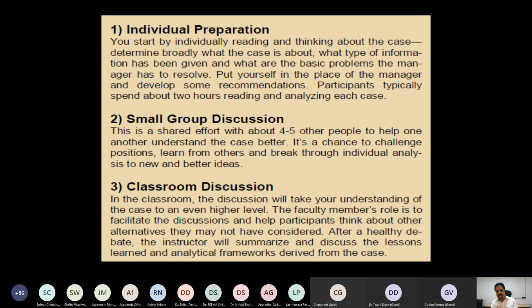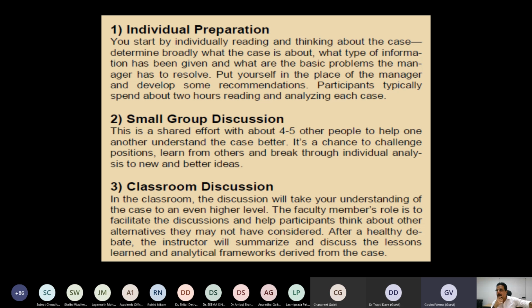Mr. Govind Verma, you want to say something? Yeah. I was listening to some of the participants who were pointing out that the case method sometimes does not become very effective with the students. So do you think that students' prior experience of industry is kind of a moderator in taking up these cases?